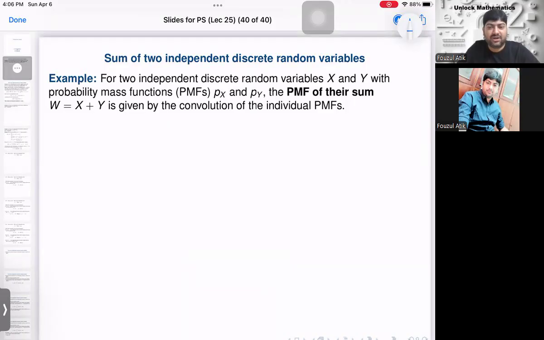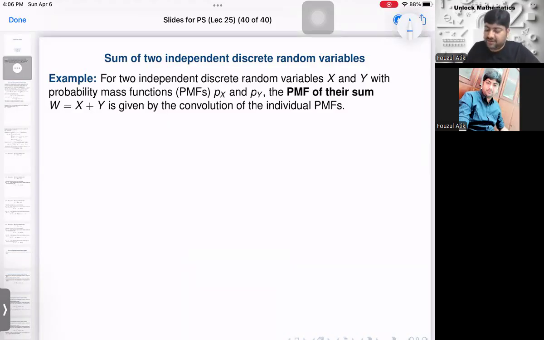What is that value? We will try to get it. And we'll see that we get the PMF of their sum W equal to x plus y with the help of the convolution property, the convolution of their individual PMFs.